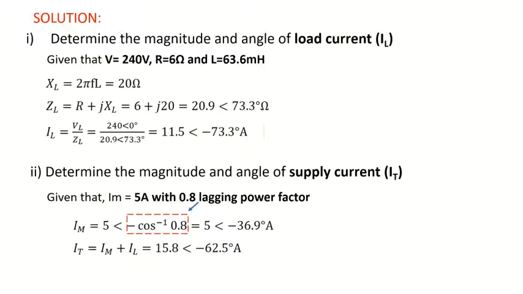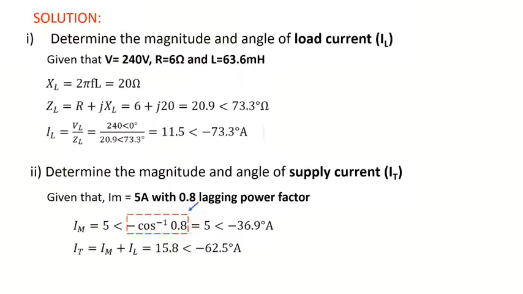IM is given in the question as 5 ampere with 0.8 lagging power factor. Since the power factor is lagging, you put minus the inverse cos of 0.8, so in phasor form it is 5 with minus 36.9 degree.